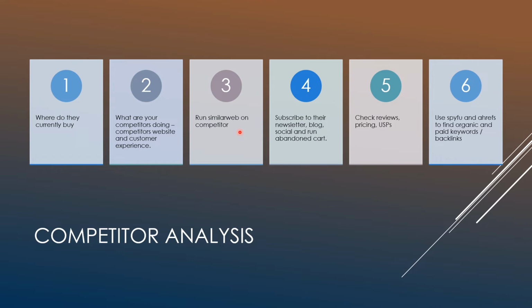So you can use a competitor analysis tool like SEMrush to come up with some basic benchmark numbers, as I showed earlier, and that's going to be important for you to actually compare where you stand and where your competitors are standing. This is pretty cool, where you can actually subscribe to your competitor's newsletter or blog and then see what happens, like what kind of newsletters do they provide, are you getting any kind of special offers or promotions, and then you can even follow them on social to see if they have any kind of social activity going on their Facebook page.